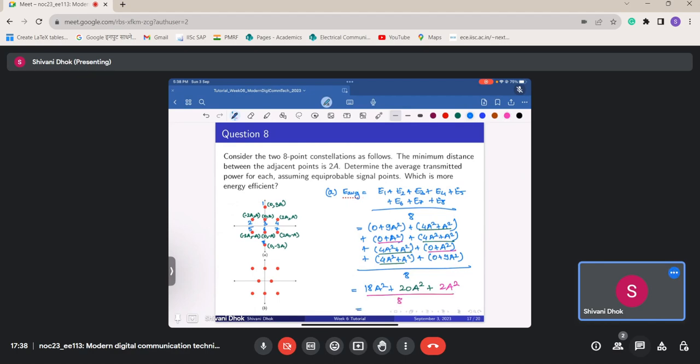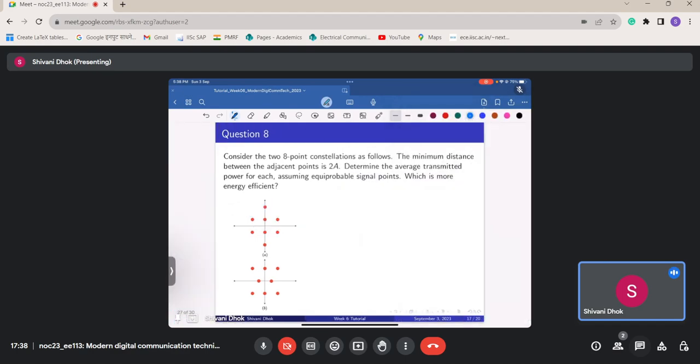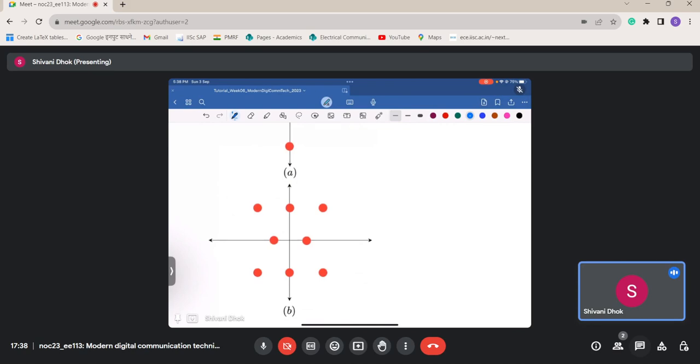This comes out to be 18 plus 20 plus 2, 40a square upon 8, which is equal to 5a square. Okay, this is for the first constellation. Now let us repeat the same thing for our second constellation.